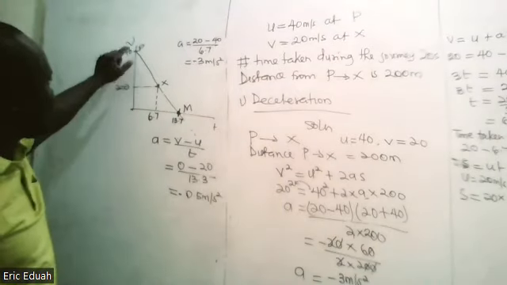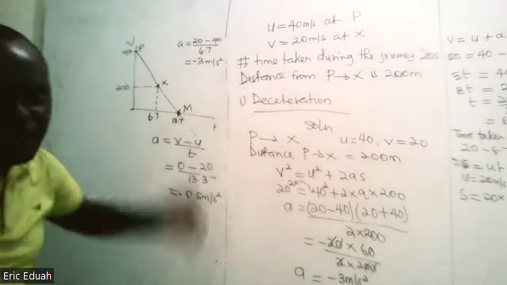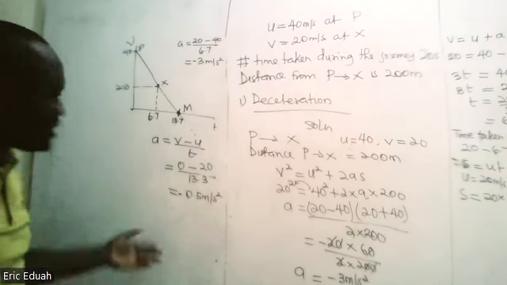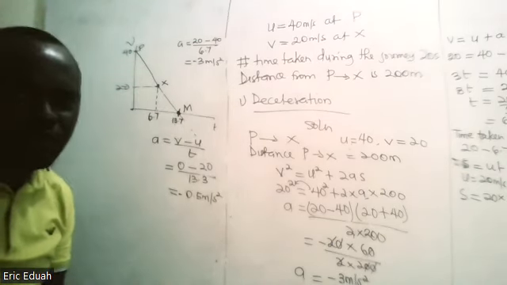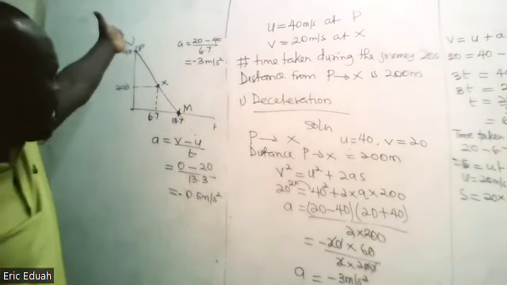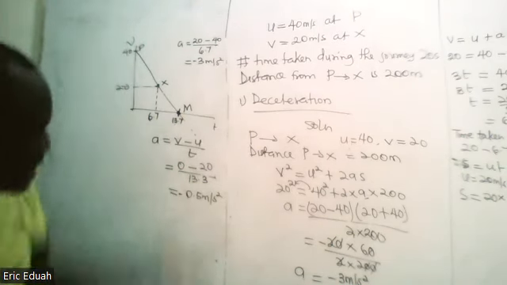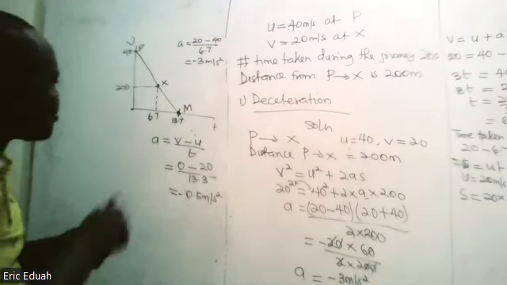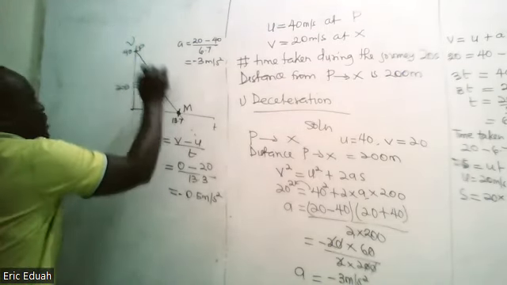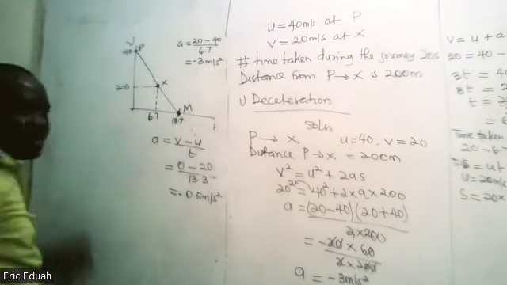From p to x has its own value of deceleration, and from x to m also has its own value of deceleration. So it cannot be this straight. If it is this straight, then whichever 2 points we take, we need to get the same value.